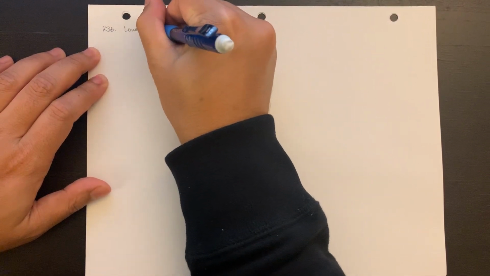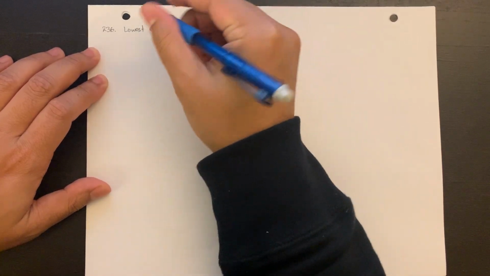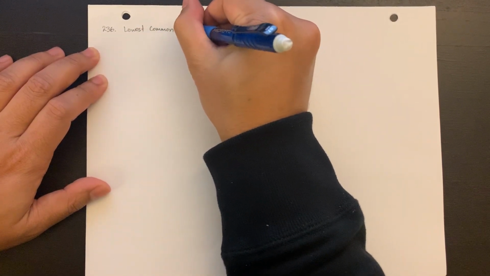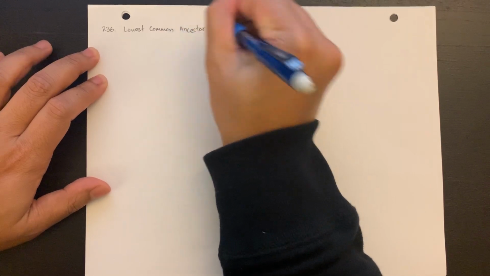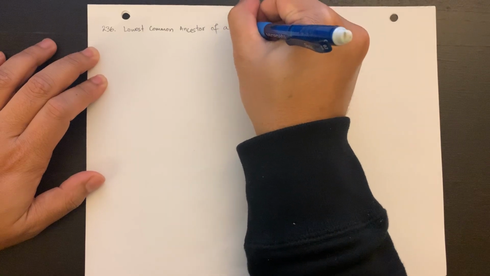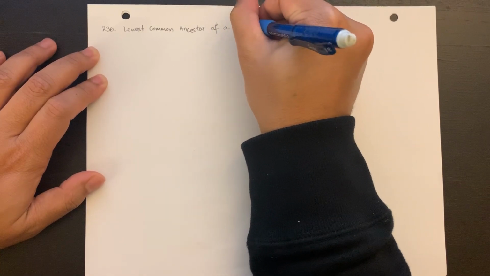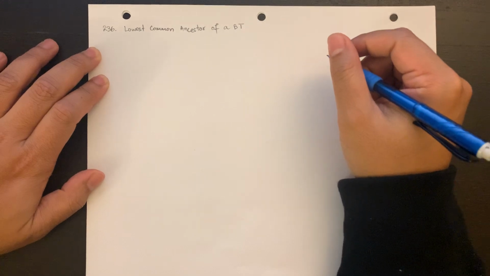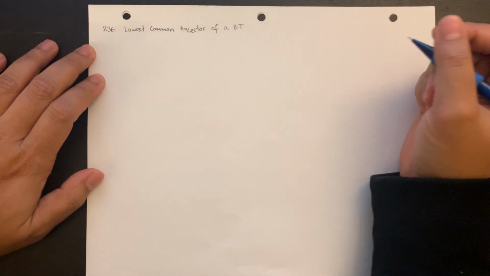Lowest common ancestor of a binary tree. All right, let me go ahead and read the question.